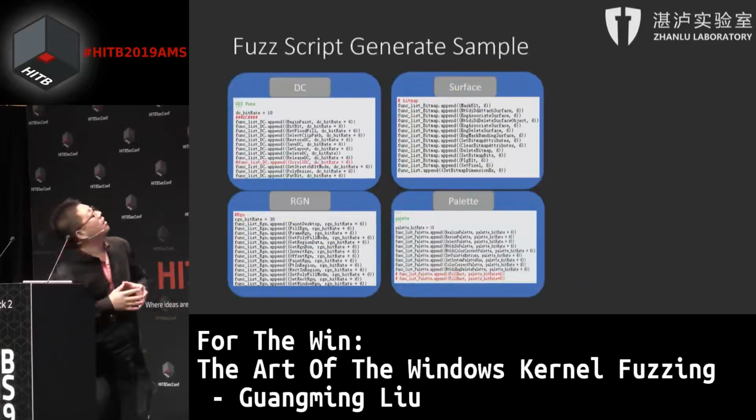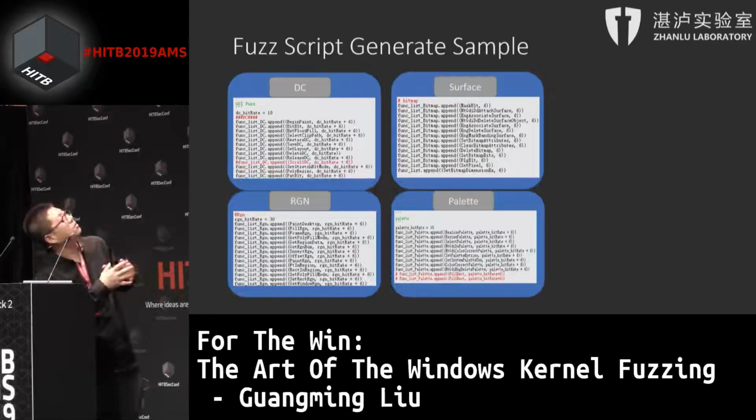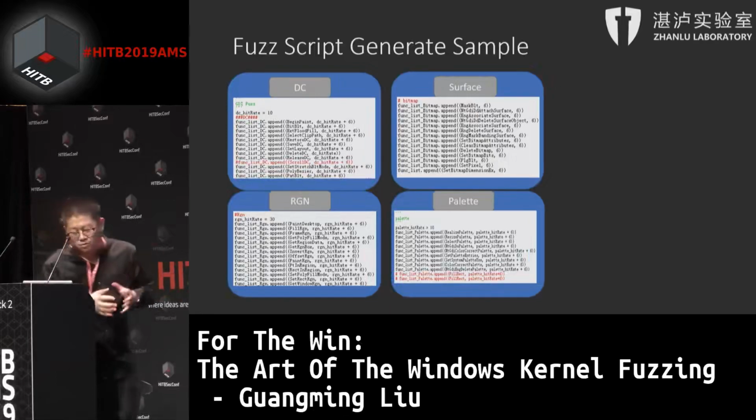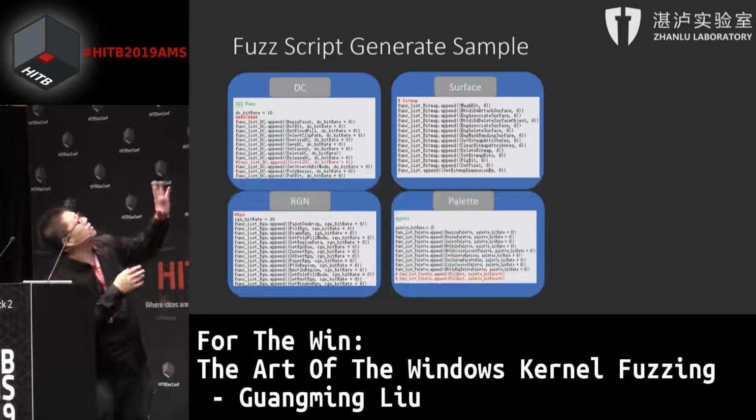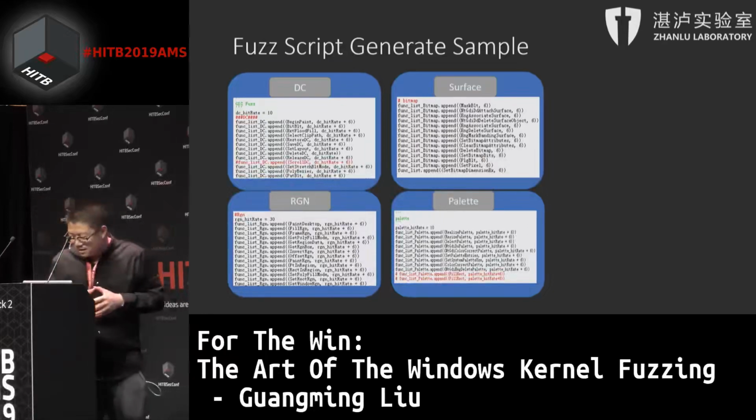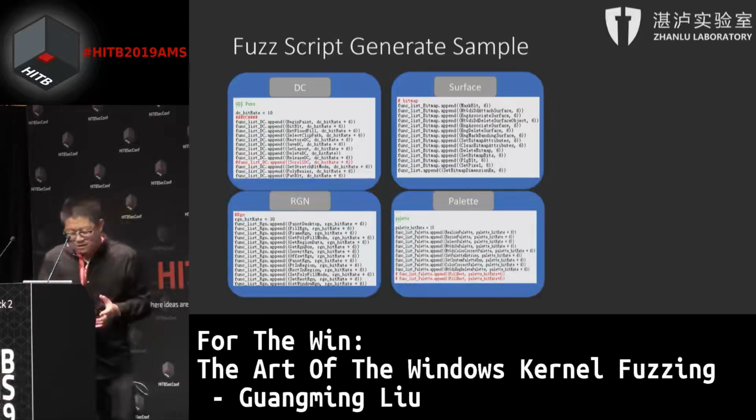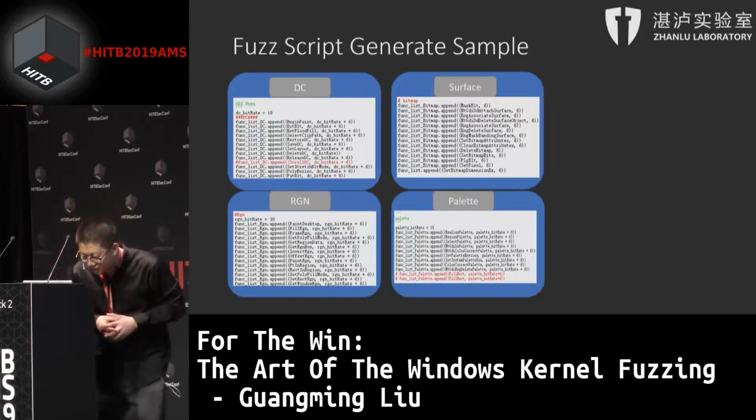Okay, this is the fuzz script, very simple. The first is the DC, the second is surface, the third one is RGN.